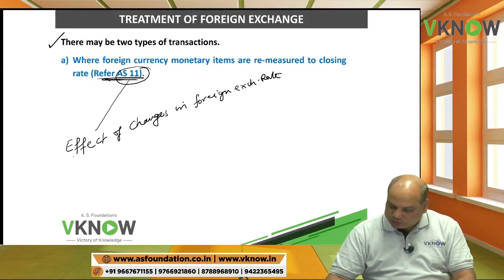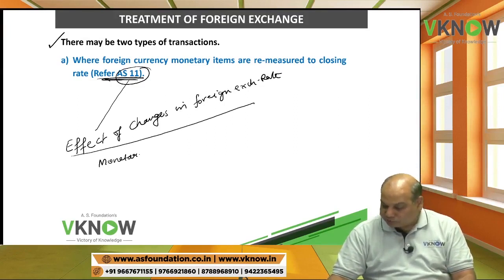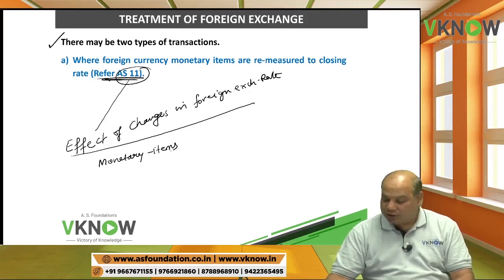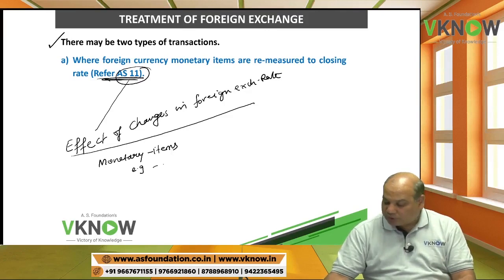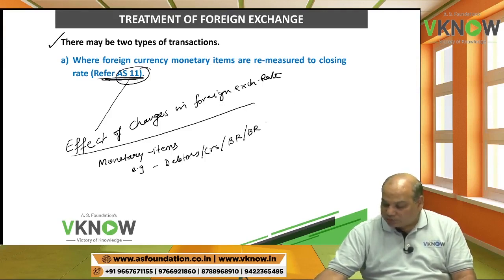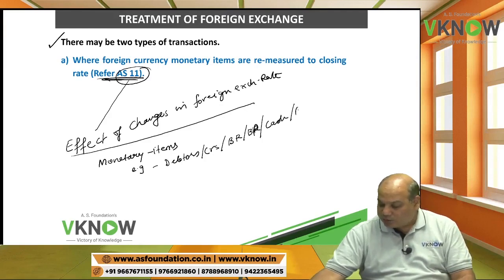And under this standard, if you have monetary items, examples of monetary items are debtors, creditors, bills receivable, bills payable, cash in hand, cash at bank.